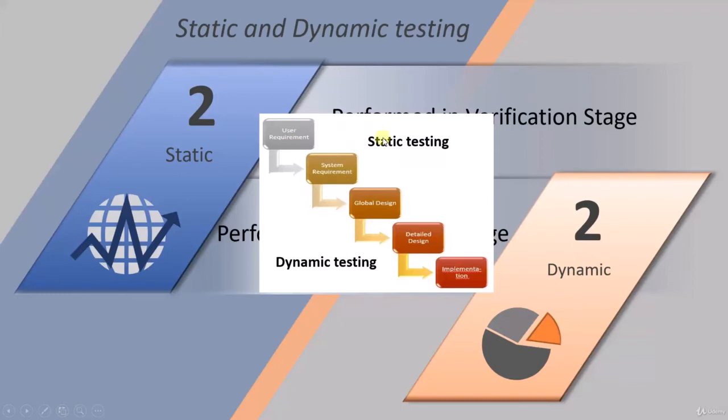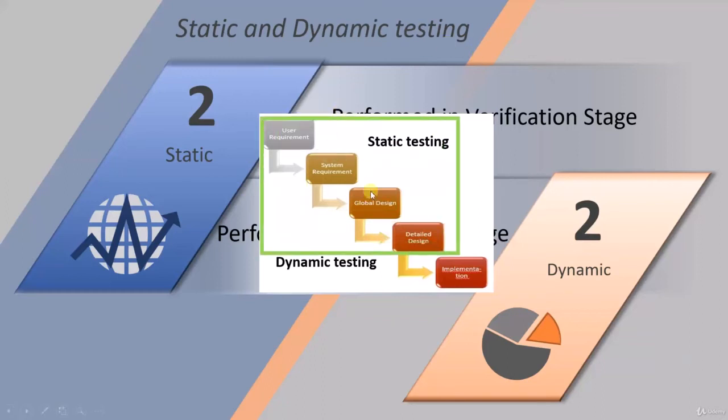I will discuss all this in a future video, but for now, just remember that these are the steps. Now, static testing is done in the early stage, when we only have the document. As you can see, we don't have the code yet, and if we don't have a code, we can't run a software. When all we have ready are documents, then we can only perform a static testing. We can carry out a verification. We can't run the code. So these are the two stages.